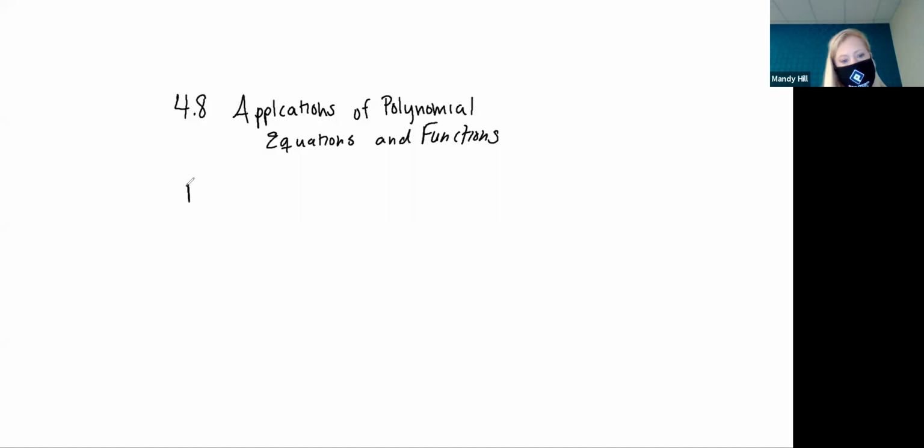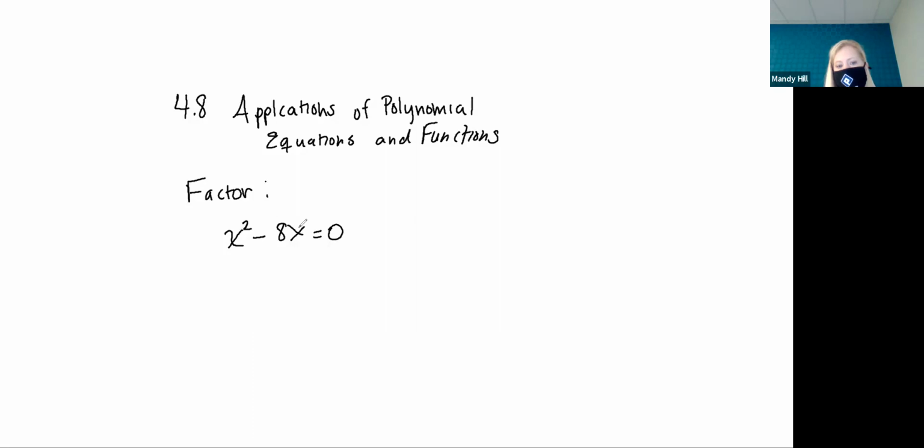So the first problem says to factor, kind of bringing everything together a little bit. x squared minus 8x is equal to 0. They want us to factor this. Well, we talked about the first thing you want to do: if there's anything that you can pull out of both terms, that's what you want to do.